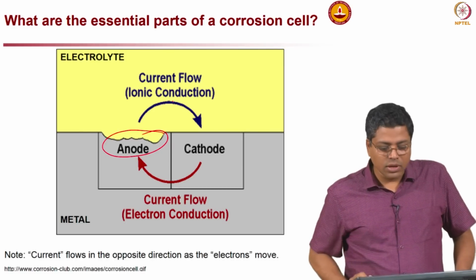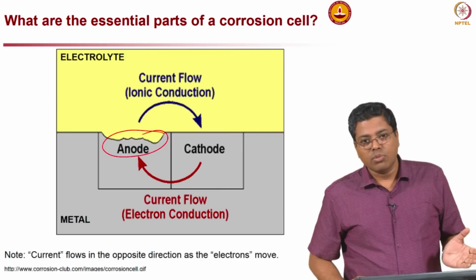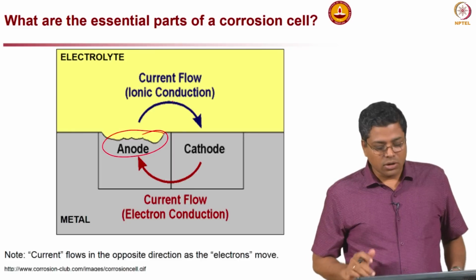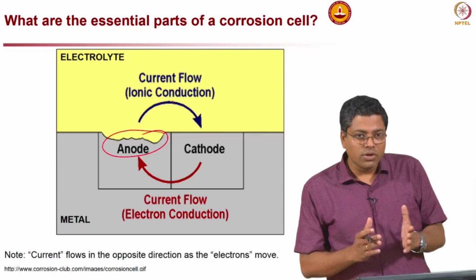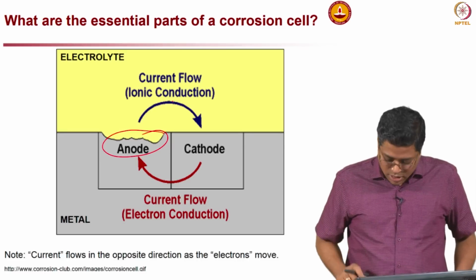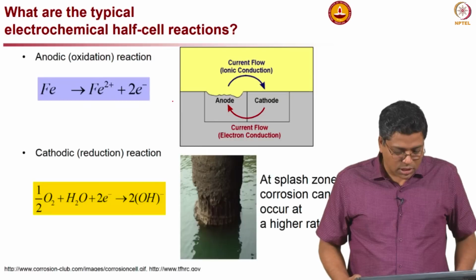And then you have current flow for the ions, where you are talking about the exchange of ions. In case of concrete, we are talking about hydroxide ions having to move. So, you have to have an ionic flow, an electronic flow, and an anode and cathode which are electronically connected. So, these are the 4 essential parts.